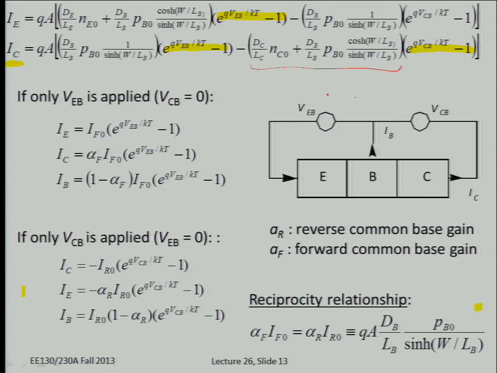So this is the normal diode saturation current for the collector junction. And then what you have to add to it is this extra current that can flow due to minority carriers injected close to that collector junction. But the current that is injected by the emitter, only part of it makes it to the collector, right? Some of it might be lost to recombination in the base.